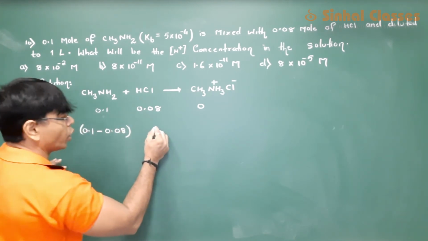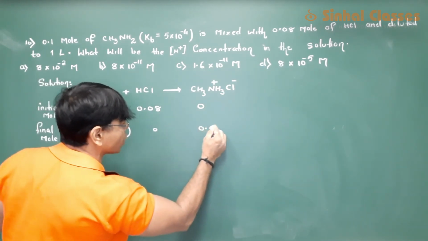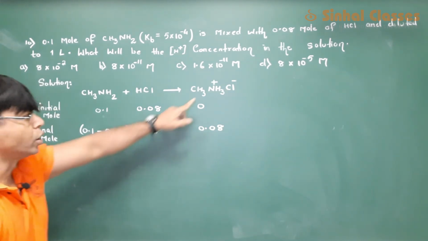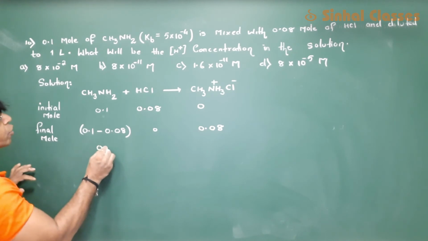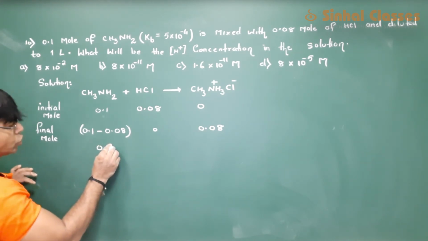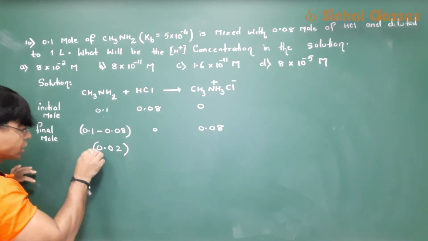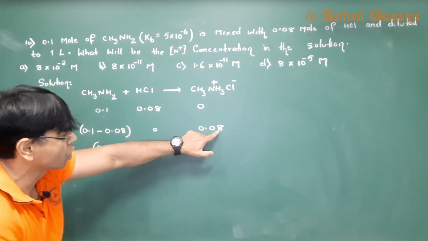The HCl will be totally used up and 0.08 moles of the salt will be formed. So the left out mole for the base will be 0.02, and formed is 0.08.